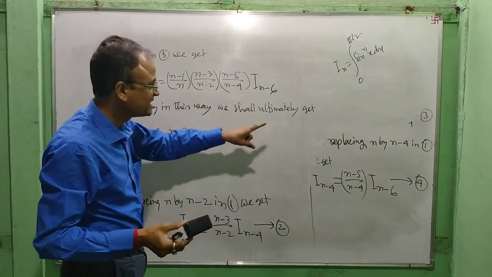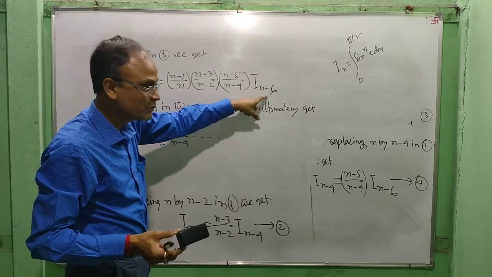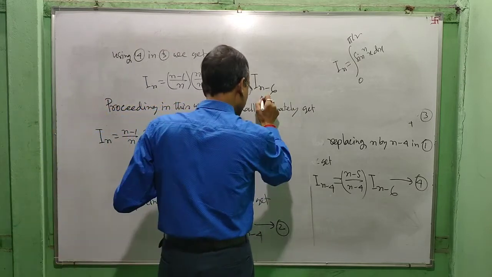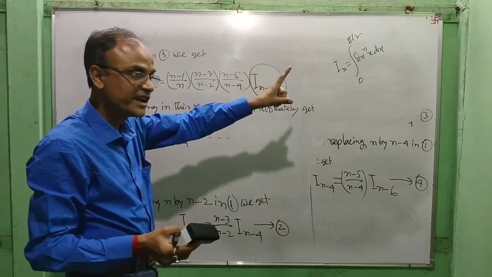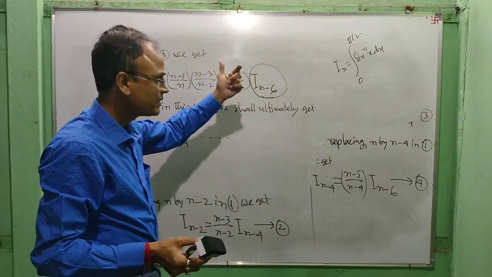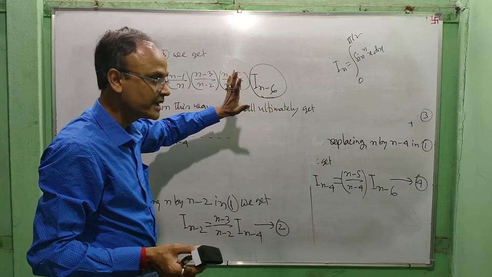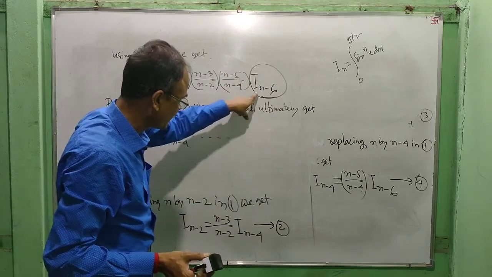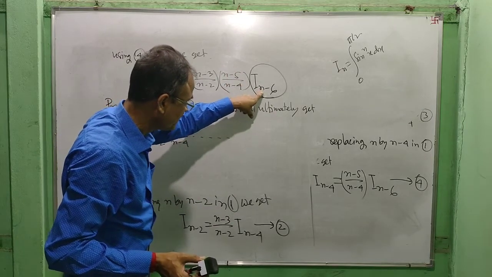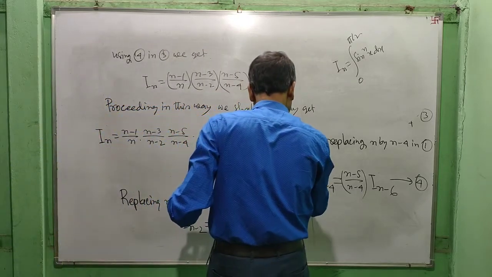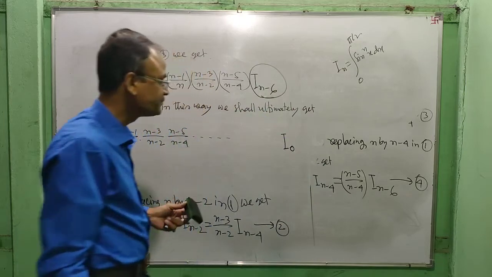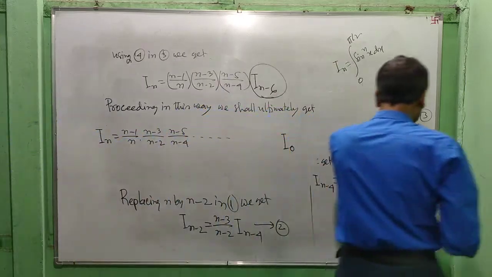Then, when n is even, what will be this term? N is even, means n is equal to 6. We shall ultimately get 6 minus 6, I0. It will be equal to I0.